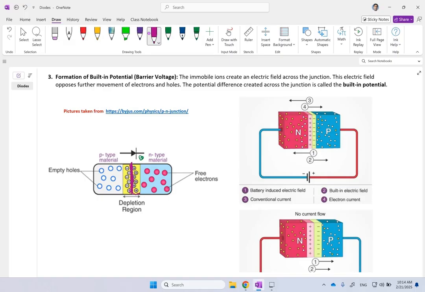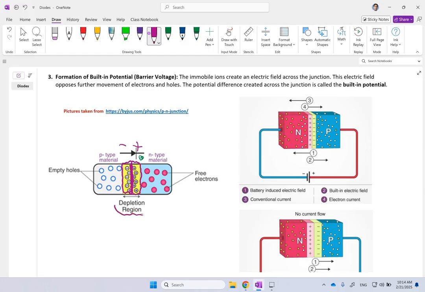So what you have now is a region that has an electric potential or a voltage between them, right? Because you have some positive total charge on this side and negative on this side. And this region has only immobile ions, so it does not have any holes or electrons, anything that can carry charges, whether positive or negative.